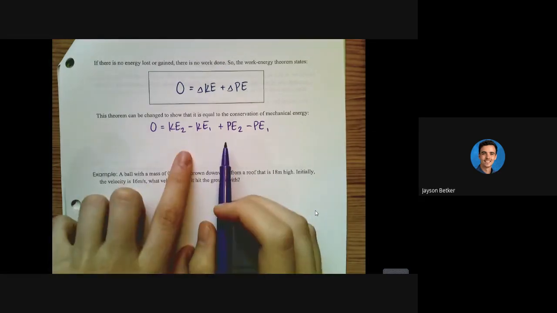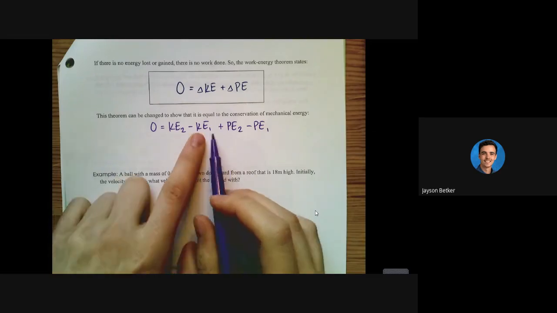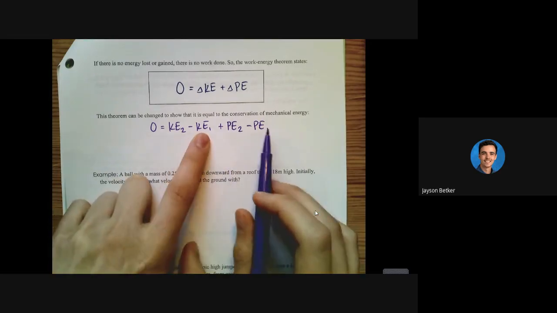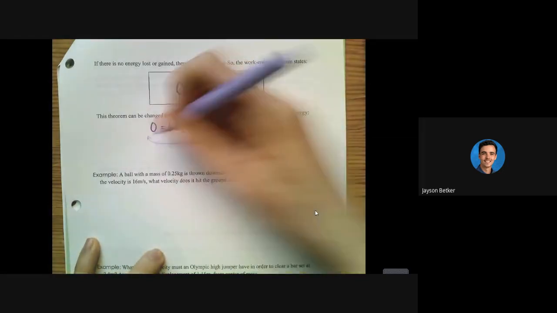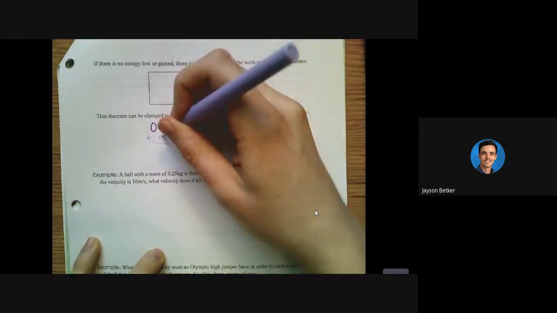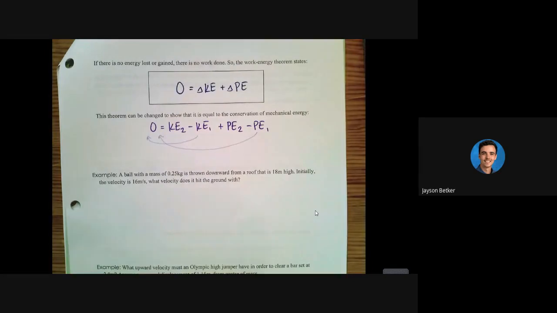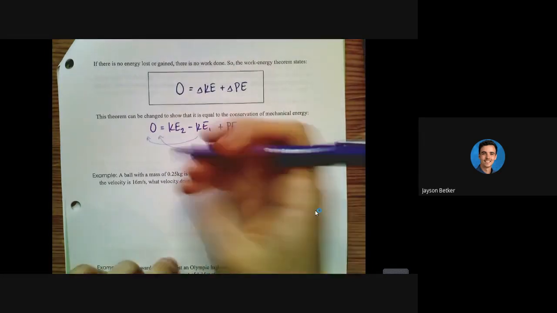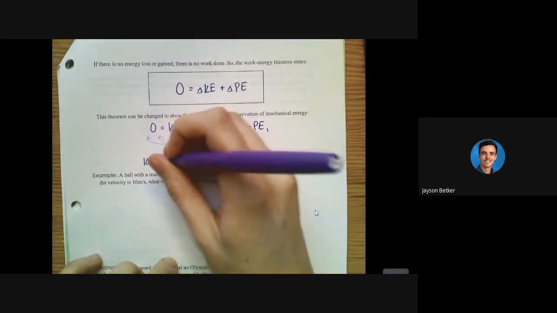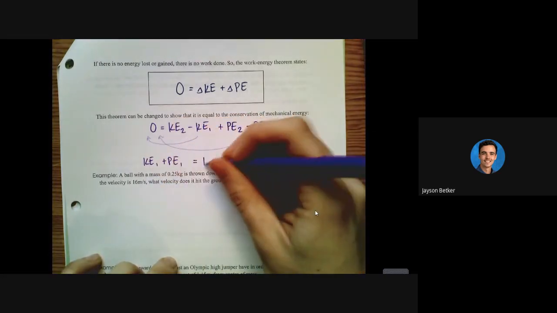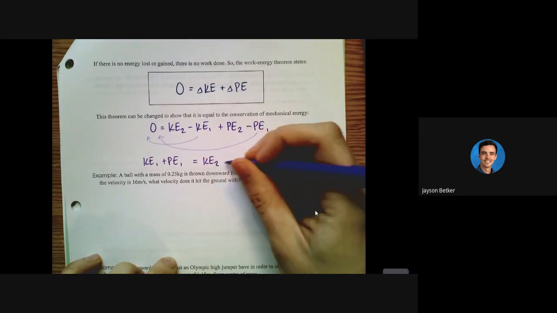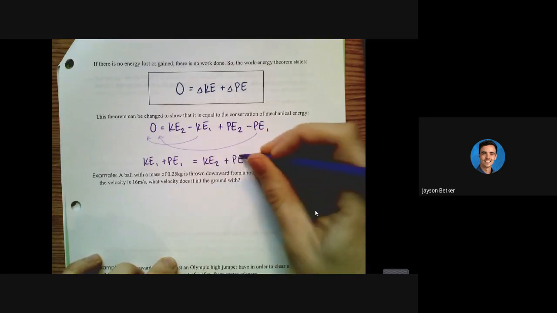What I'm going to do is move my initial values, my KE1 and my PE1, to the other side of the equal sign here. So I'm going to add them on both sides and move them over there. And what it's going to end up giving us is that KE1 plus PE1 is equal to KE2 plus PE2.